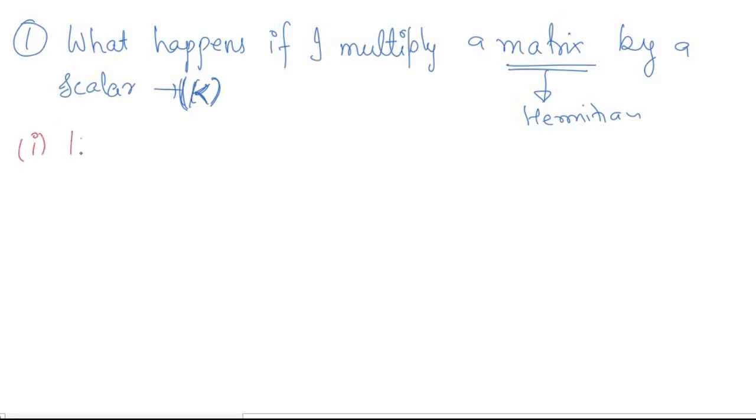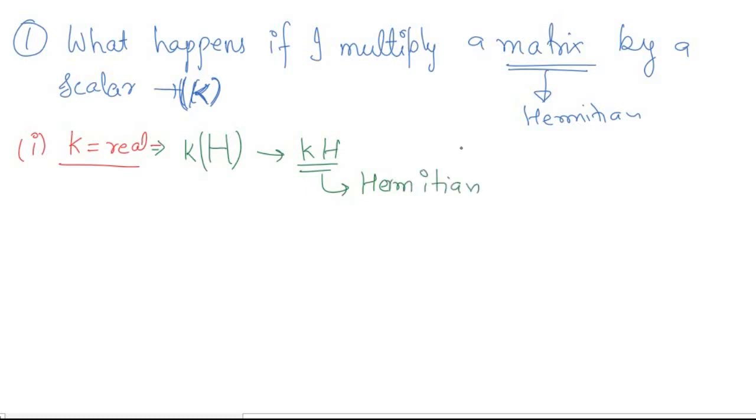First, if k is a real number, and I will give you the proofs also, let us write the Hermitian matrix as H. If you multiply it by k, then it will be kH, and this matrix is still a Hermitian matrix. If you multiply a Hermitian matrix by a real constant, the matrix identity is not going to be changed. That remains Hermitian. See how?